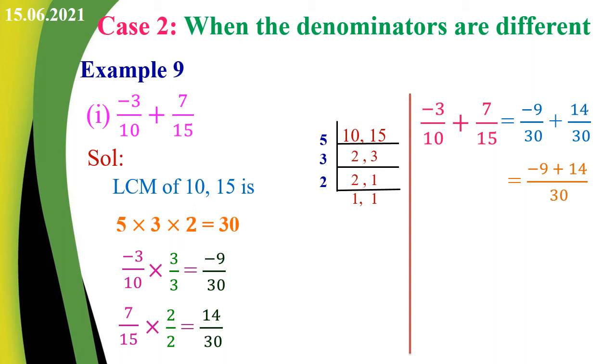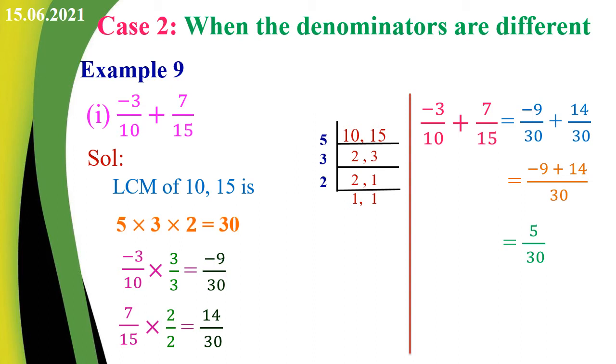In this expression, minus 9 plus 14 by 30. Here, different signs, subtract and place the greater number sign. 14 minus 9, 5. Here 14 is the greater number, that sign positive. So we get 5 by 30.